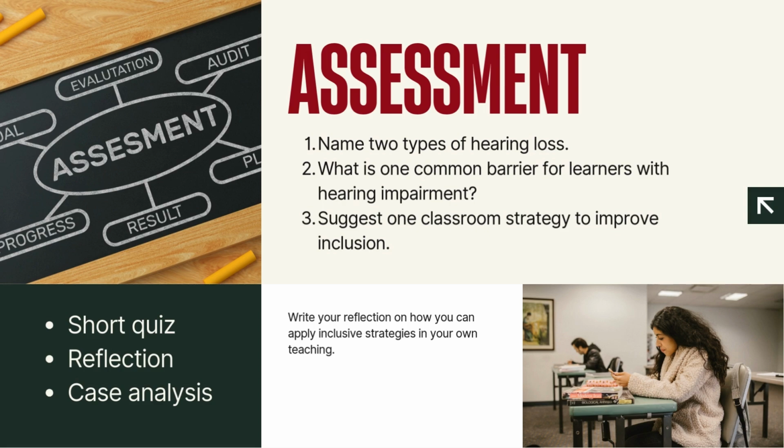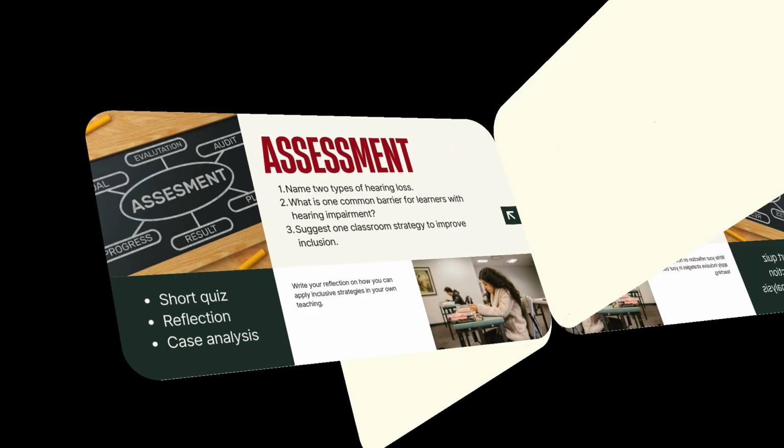Afterward, write a short reflection. How can I apply inclusive strategies in my own teaching practice? Lastly, review the 3 case examples, Kobe, Brian, and RV, and identify which strategies were most effective and why.